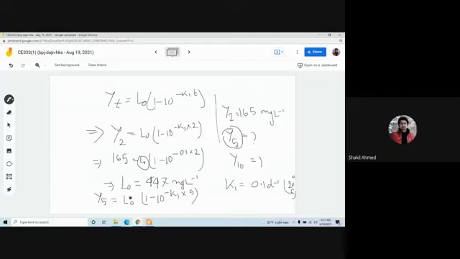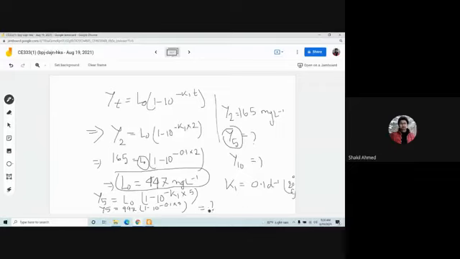You know the value of L0, 447, which you have just calculated. So 447 times (1 minus 10 to the power minus 0.1 into 5). Now, easy, calculate Y5.